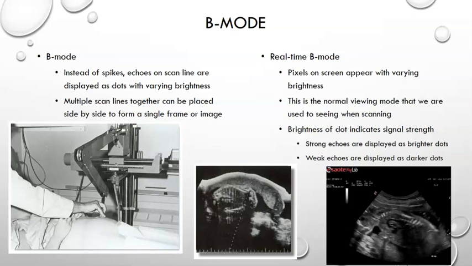The brightness of each dot indicates the signal strength, and strong echoes are displayed as brighter dots, and weaker echoes are displayed as darker dots. The choice of strong echoes being bright and weak echoes being darker is purely arbitrary, and on most machines you can just push a button to invert that so that the weak echoes are bright and the strong echoes are dark.